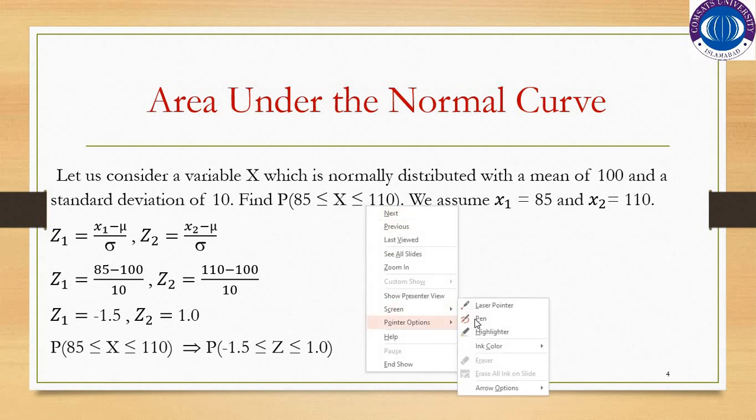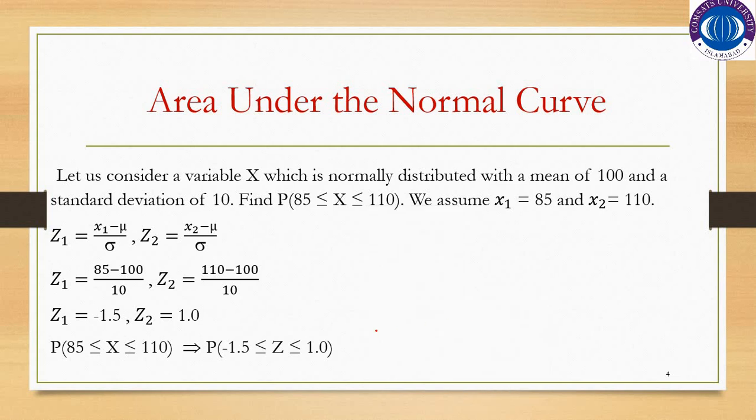So we have to find out this probability and let us assume that x1 is equal to 85 and 110 is equal to x2, as these are any two values of the random variable x, as x is a normally distributed random variable and its range should be from minus infinity to infinity.